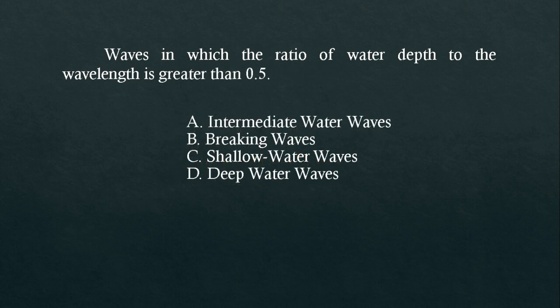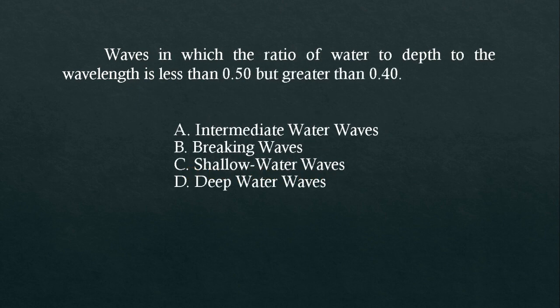Waves in which the ratio of water depth to the wavelength is greater than 0.5. Waves in which the ratio of water depth to the wavelength is less than 0.5 but greater than 0.4.